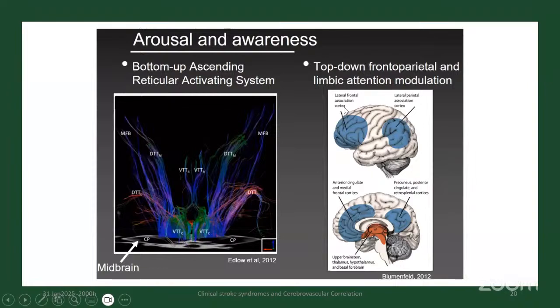You see, lateral frontal association cortex is here, lateral parietal association cortex is here, anterior cingulate and medial frontal cortices, precuneus, posterior cingulate, and retrosplenial, upper brainstem, thalamus, hypothalamus, and so on. Why I am telling all these areas is this area is called the posterior heteromodal association area, where it integrates the auditory, the visual, the somatosensory, and the limbic system inputs.